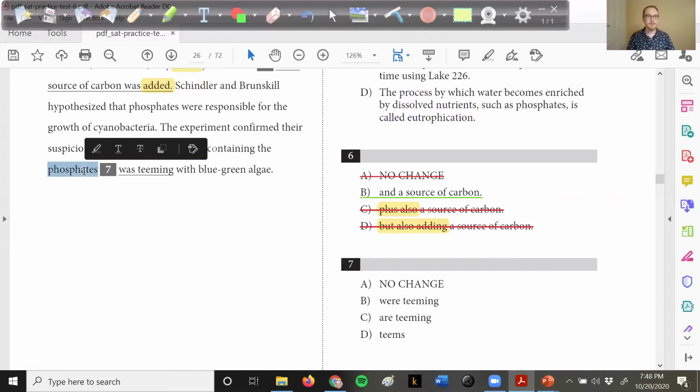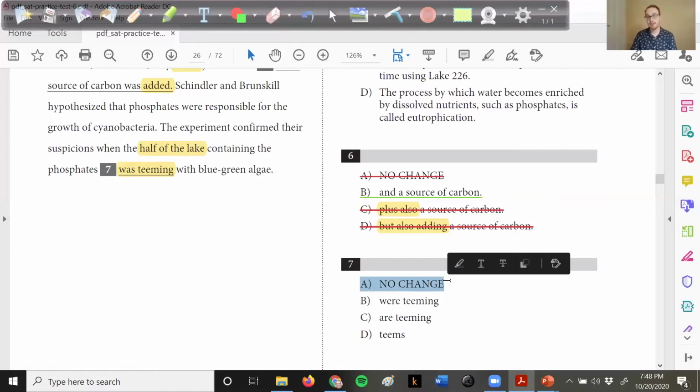It's not the phosphates weren't teeming, but it was the half of the lake containing the phosphates was teeming. So, does it make sense to say half of the lake was teeming? And it does, actually. We don't need to change anything.